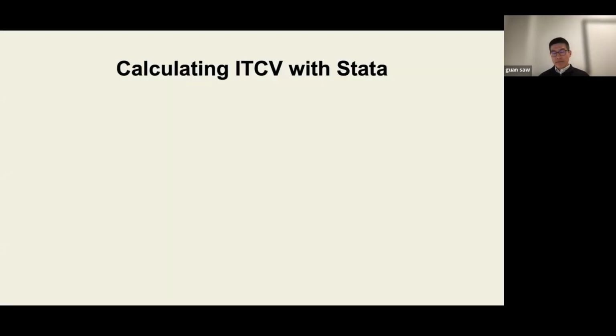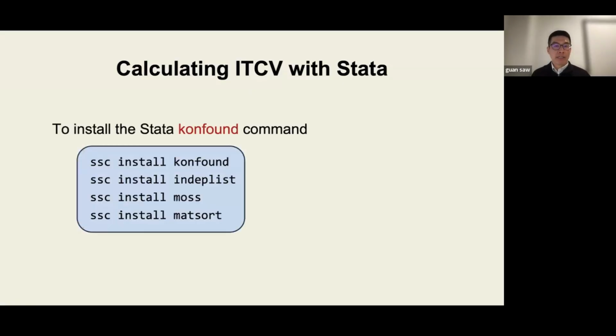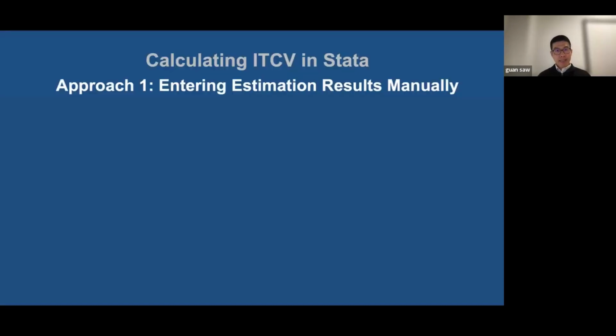To calculate ITCV with Stata, you need to install the Stata confound command by running the 4 lines of syntax here. Once the confound command is installed on your device, you can calculate the ITCV using two approaches.